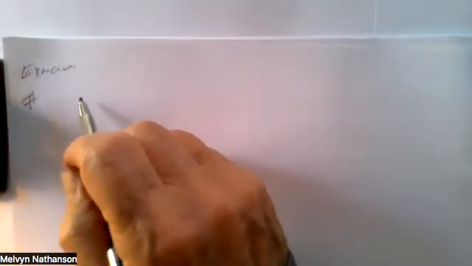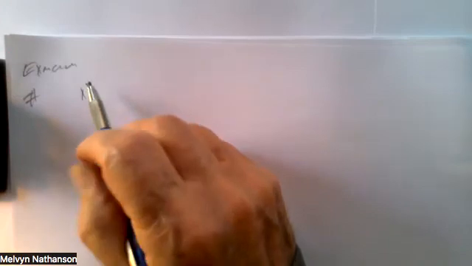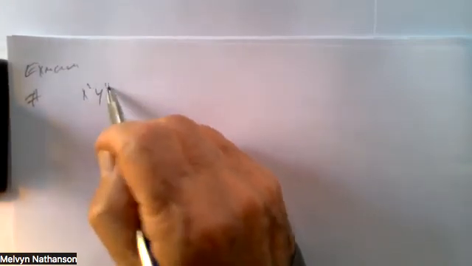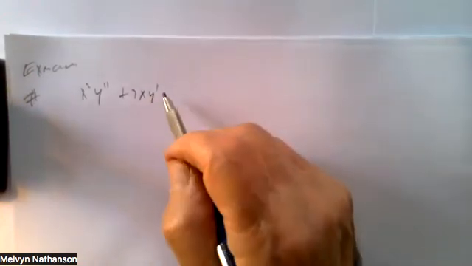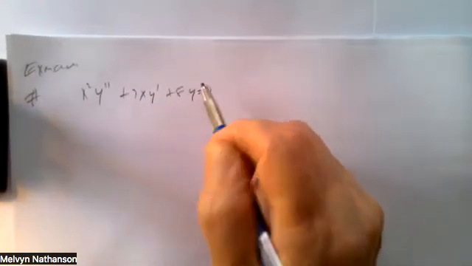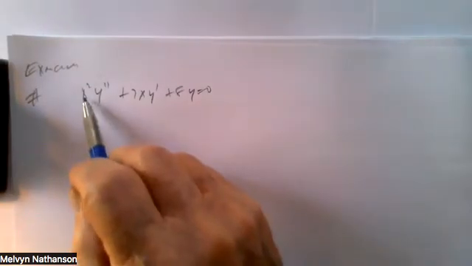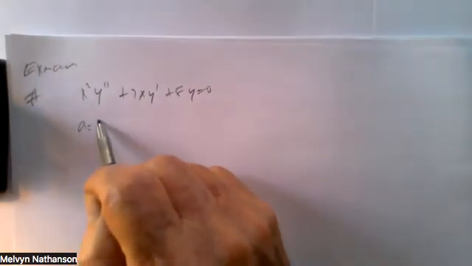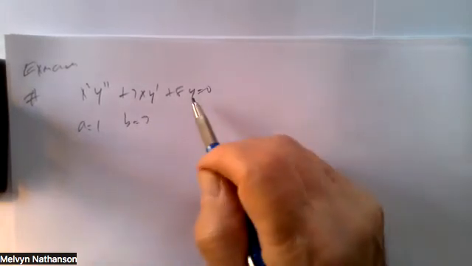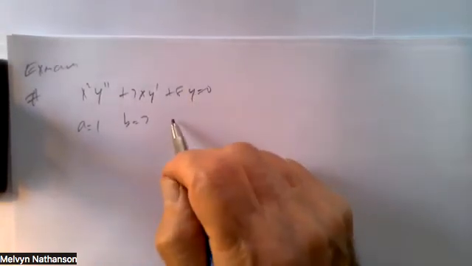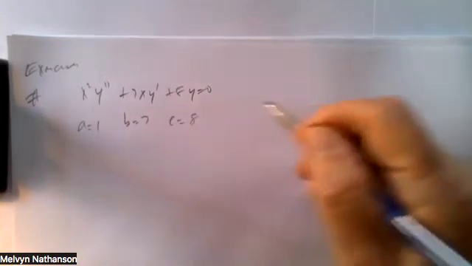Exercise number 1 is to solve x squared y double prime plus 7xy prime plus 8y equals 0. So the coefficient of x squared is a equals 1. Coefficient of x is b equals 7. Coefficient of y is c equals 8.